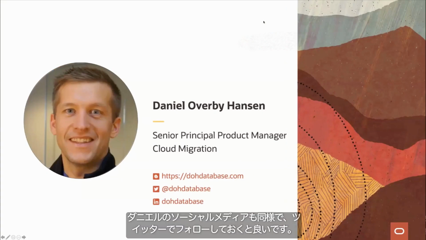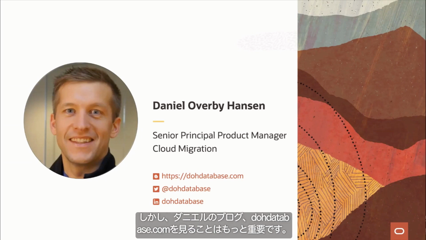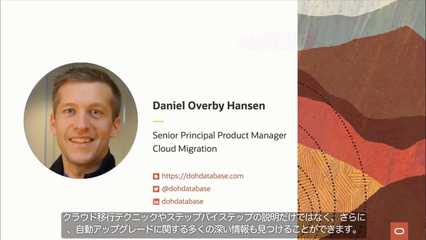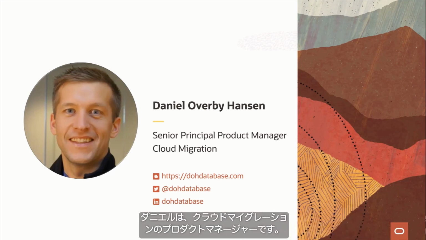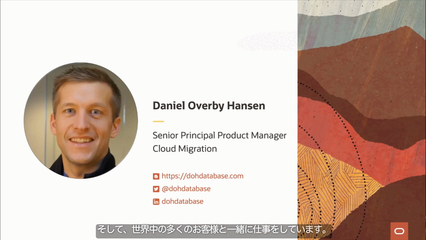The same applies to Daniel's social media presence as well, so it's safe to follow him on Twitter. But it's even more important to go to Daniel's blog, dohdatabase.com, because you won't find just cloud migration techniques and step-by-step instructions, but also a lot of deep dive information about AutoUpgrade. So Daniel is the product manager for cloud migrations, and we work together with a lot of customers all over the world.